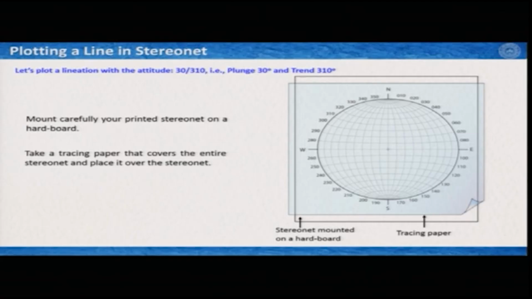We will try to see how, if data of a plane, line or any other structural measurements are given, we plot them in the stereo net. Now, generally in classes we show students directly, but here, because this is an online lecture, it was not possible to show you one to one or sitting at a desk.